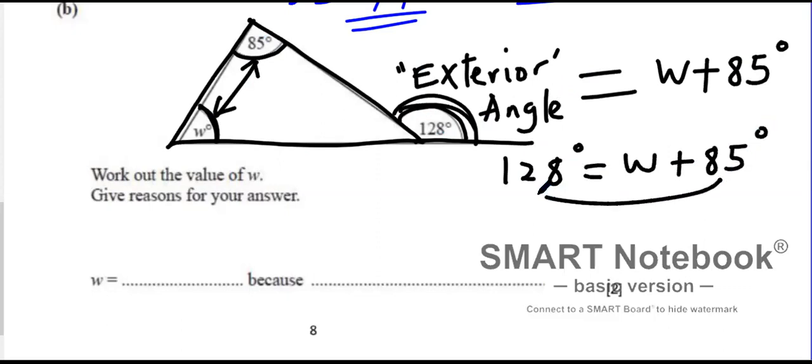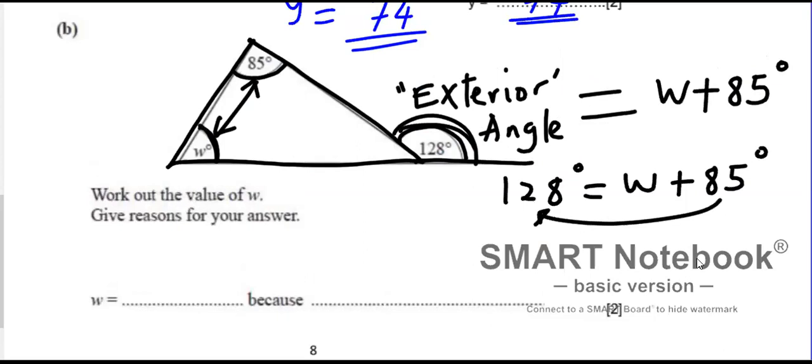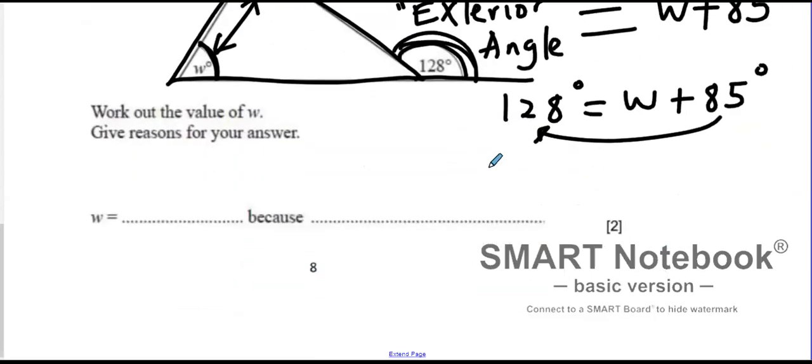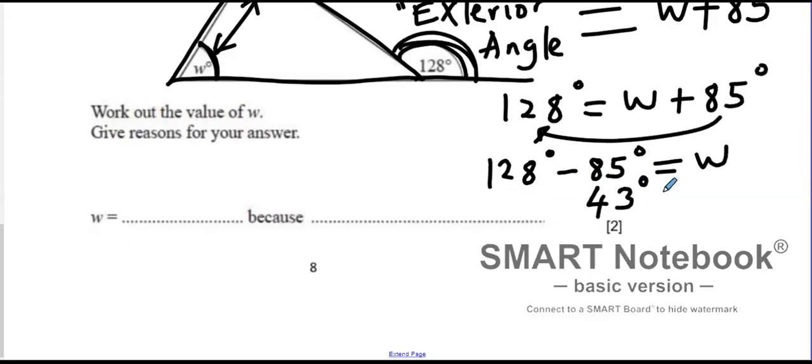Now 85 will be subtracted from 128. So it will be 128 degrees minus 85. This gives you W. Now 128 minus 85 will give you somewhere around 43 degrees, which is the value of W. So W equals 43 degrees.